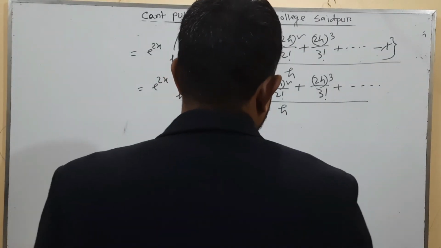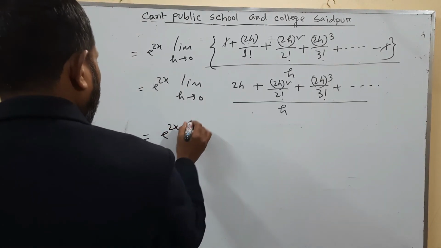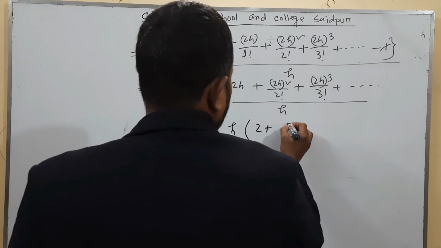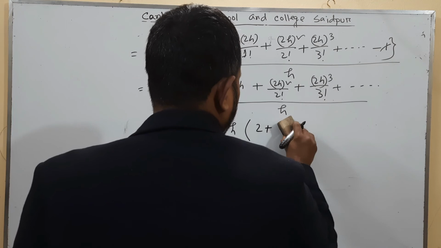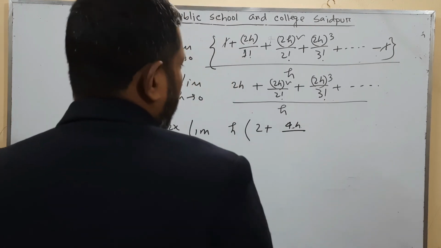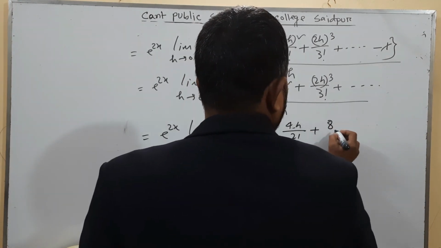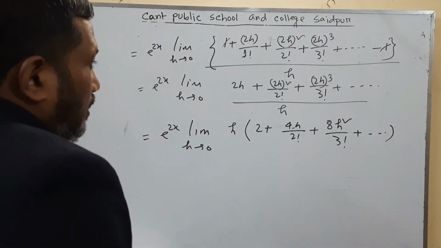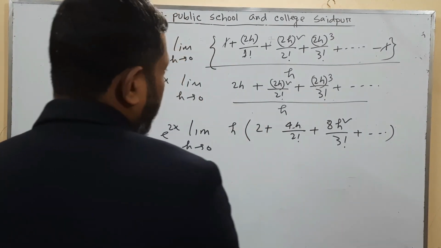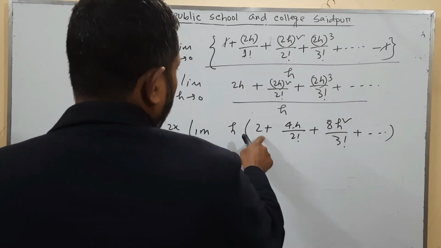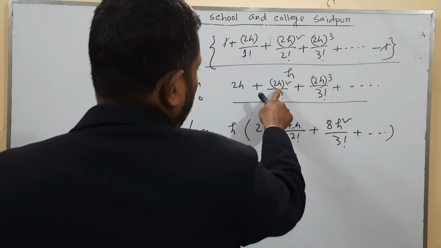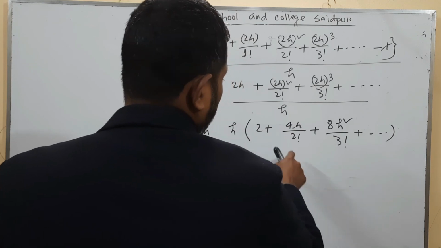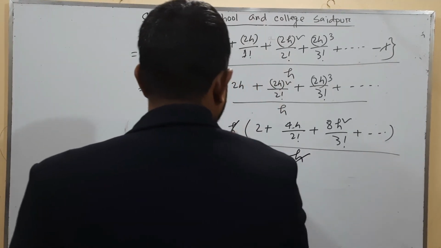If we take common h from numerator, e to the power 2x limit h tends to 0, h times 2 plus 4h by 2 factorial plus 8h square by 3 factorial, because I have taken h common from the numerator, divided by h. H and h will cut.